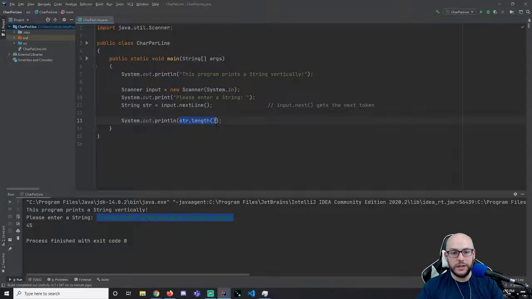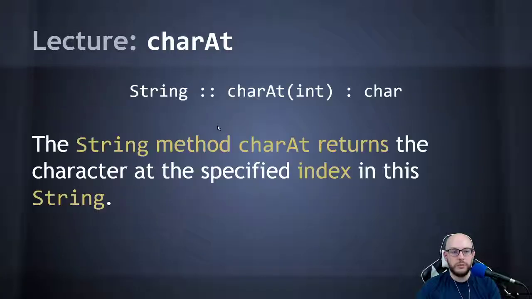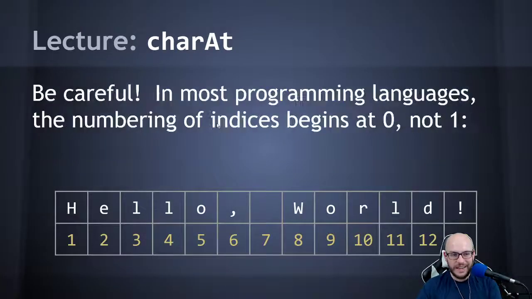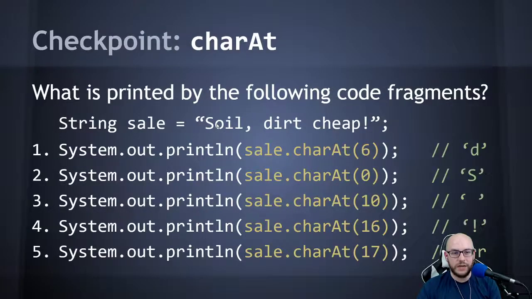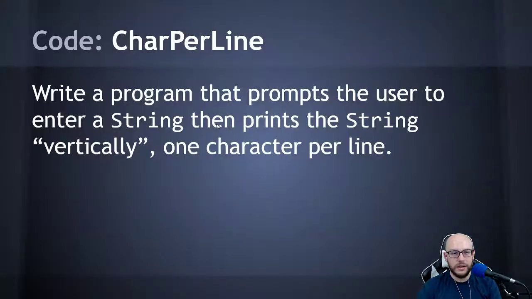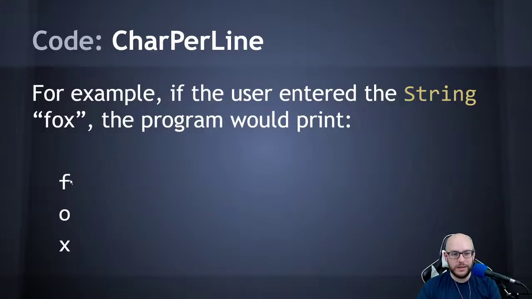All right, so we're seeing our length method in action, right? The user is entering something. Right now, I'm just printing off how long it is. So I want to print the individual characters, each on a line. In the case of Fox, I'm going to do 3 characters.